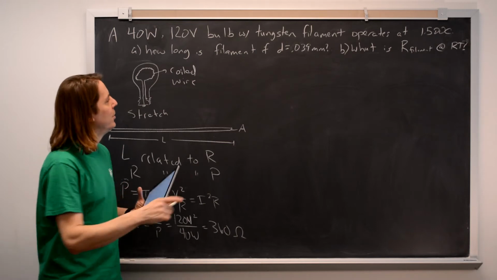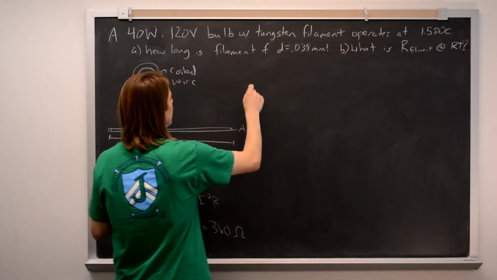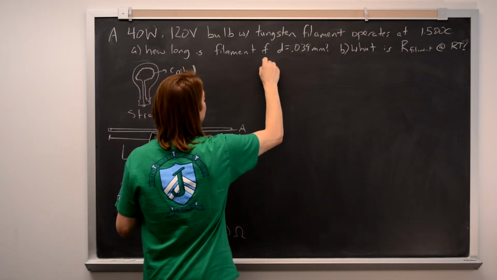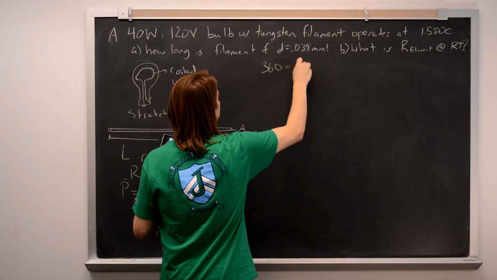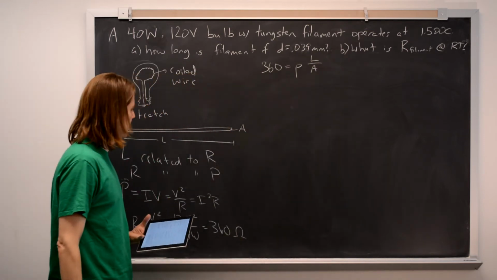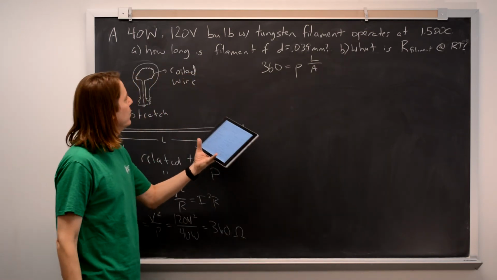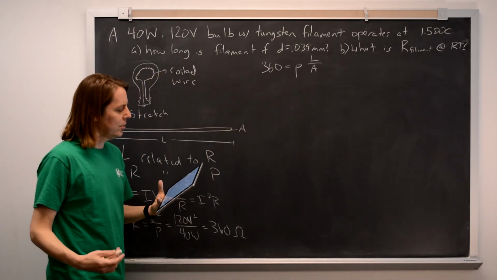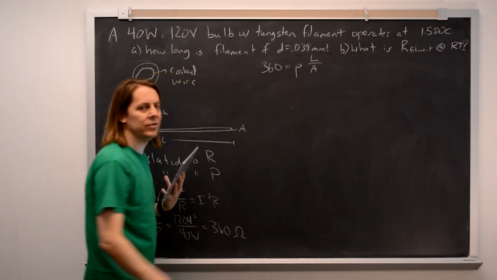And how long is the filament? Okay, yes, so let's keep going now. So now if we say how long is the filament, well, we'd say then 360 ohms is rho times L over the area. And we know the area, we know it's pi r squared, and we have D, so we could plug in. But the question is, what is the resistivity?